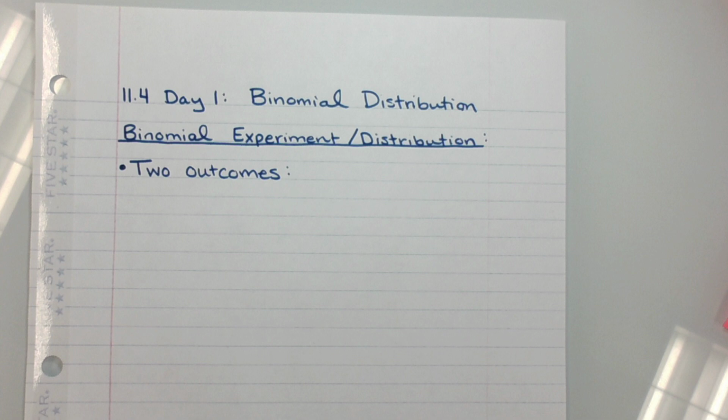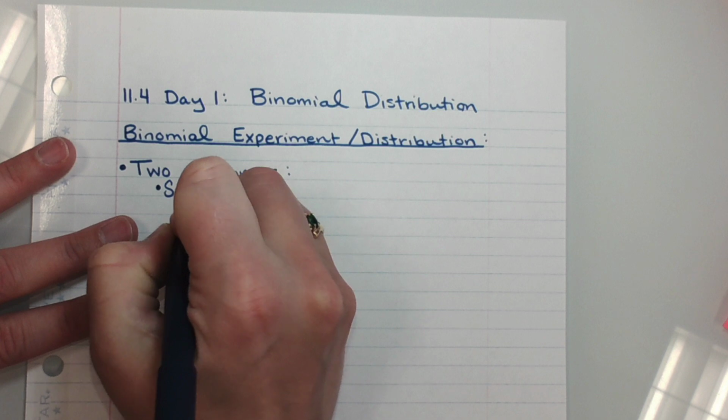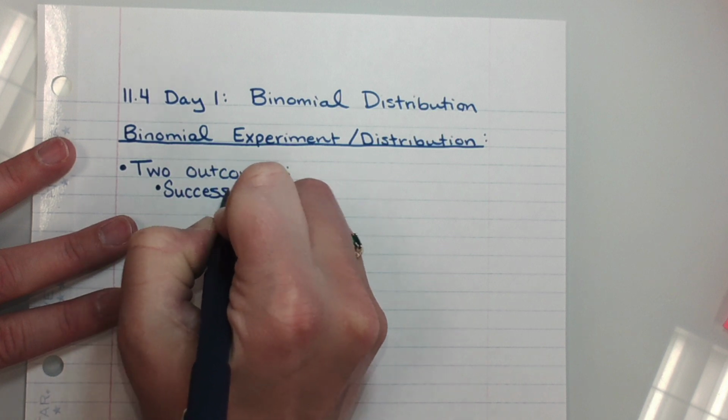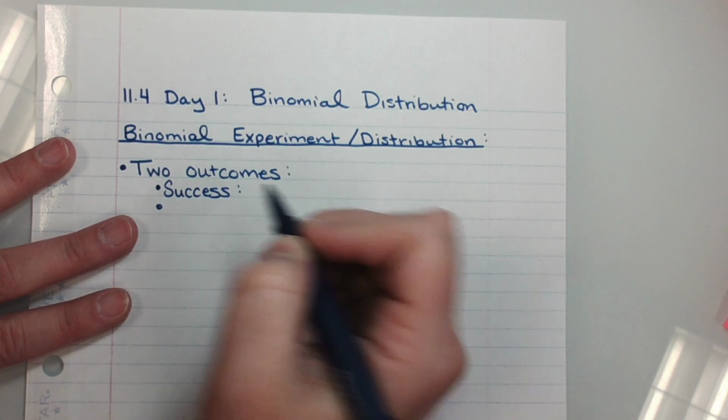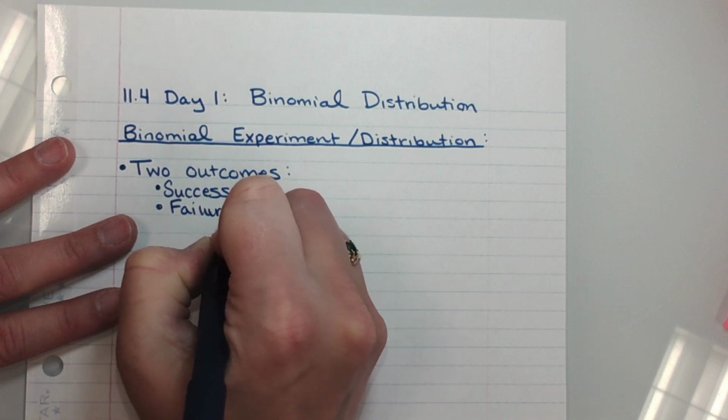Now, the original setup does not necessarily have to have 2 outcomes, but it can be simplified down into 2 outcomes, where you define one outcome as a success and any other outcomes as failures.